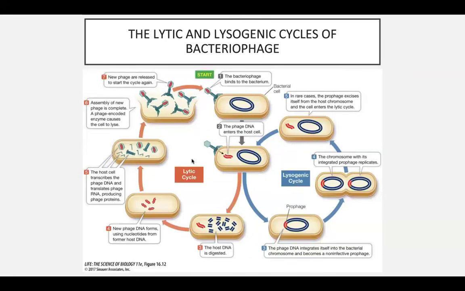If we look at the left, the lytic cycle: a bacteriophage binds to the bacteria and gives up its DNA. Eventually, that host DNA is digested, and then new phage DNA forms using the nucleotides from the former host DNA. As a result of that, the host cell is able to transcribe the phage DNA into phage RNA, producing phage proteins.